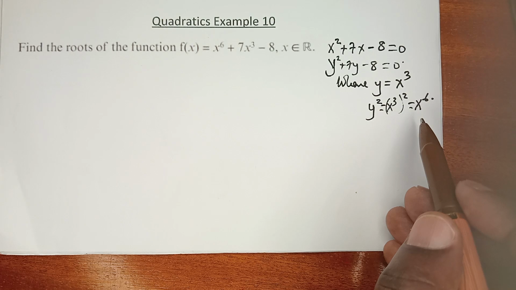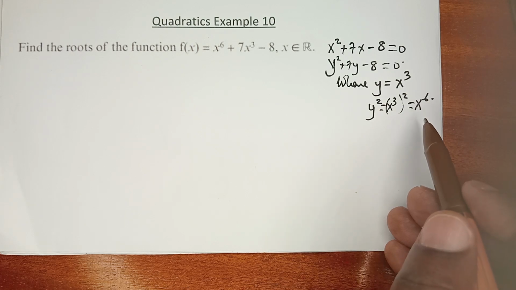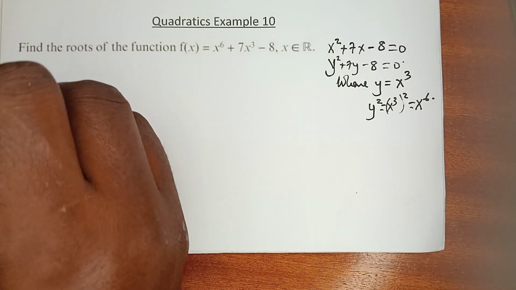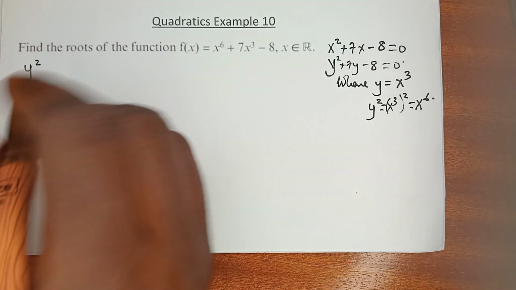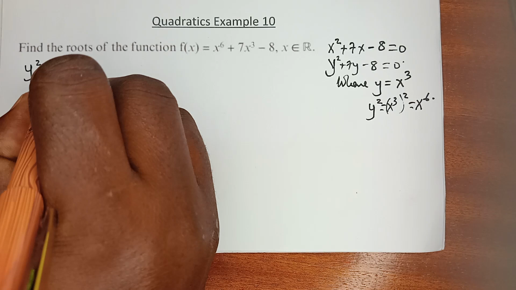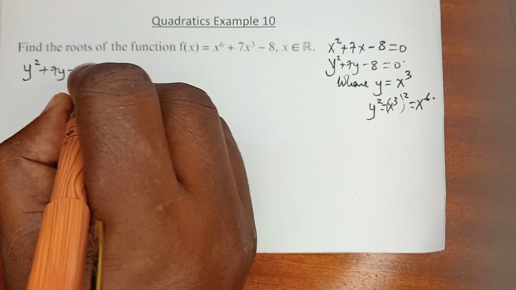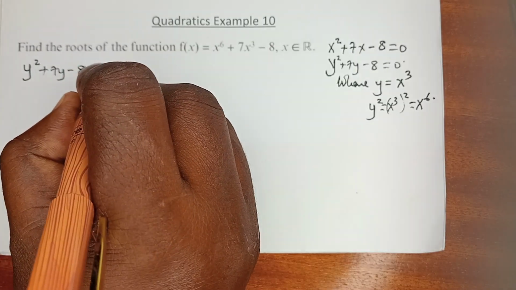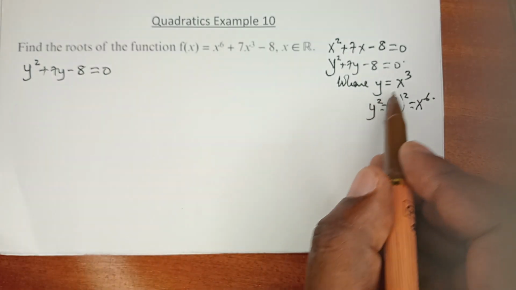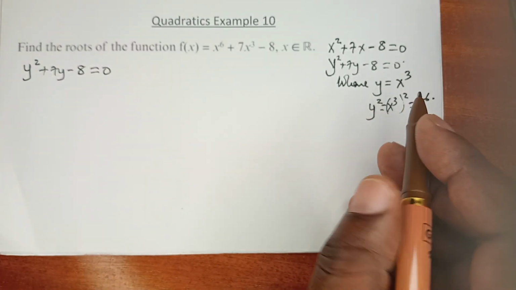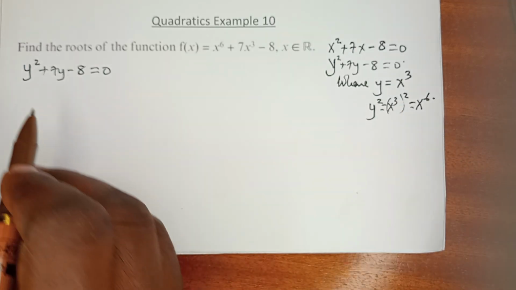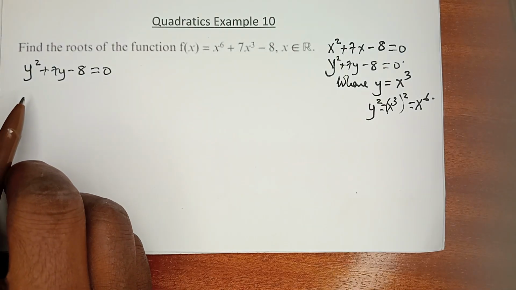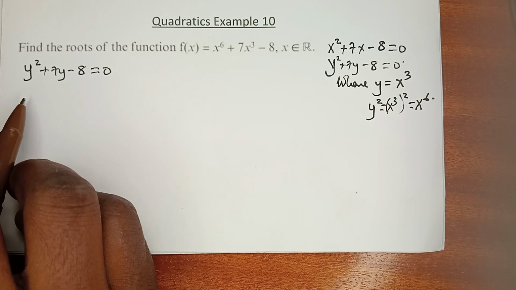So my quadratic equation looks like now y squared plus 7y minus 8 is equals to 0, where y is x cubed. We have agreed that. So it goes without saying, now we need to look for the factors, or to solve this quadratic equation using any other method.